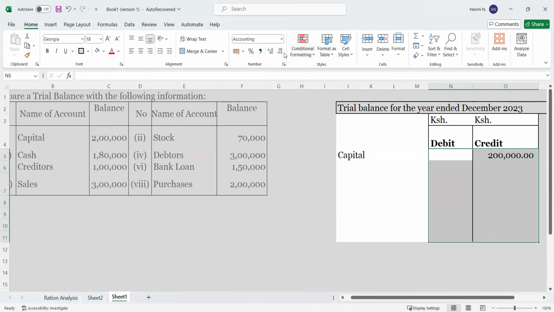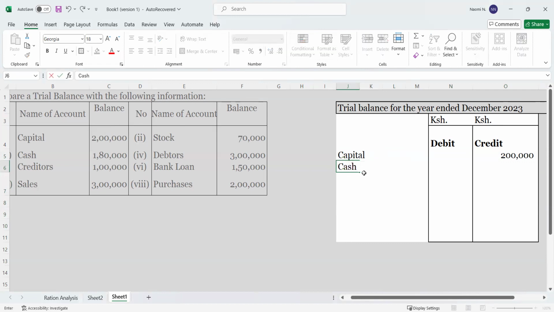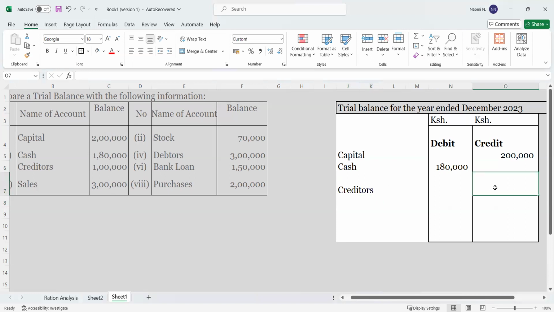Then we have cash. Cash, of course, is bringing money, so it is a debit item. Then we have creditors. Those are debts. Liabilities, of course, we credit.